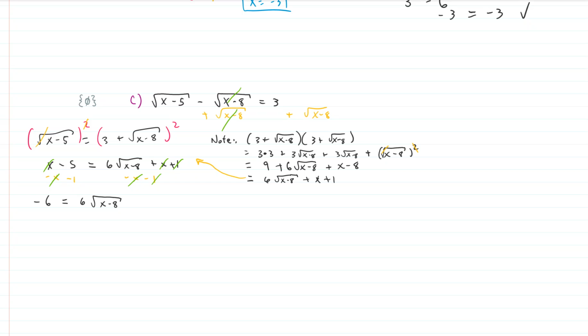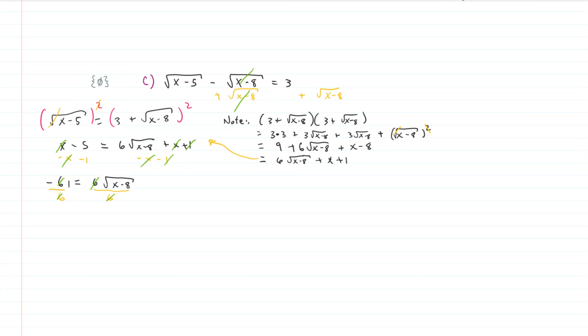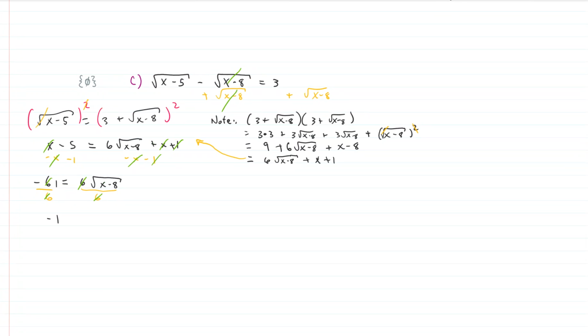It's going to be nice. The 6 on the right goes, and then we just have 1. Negative 1 on the left. So that gives us negative 1 equals radical x minus 8. Now we square both sides.